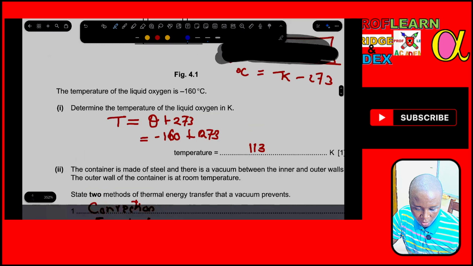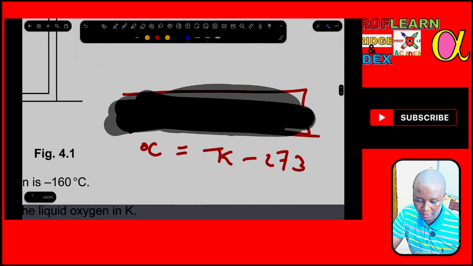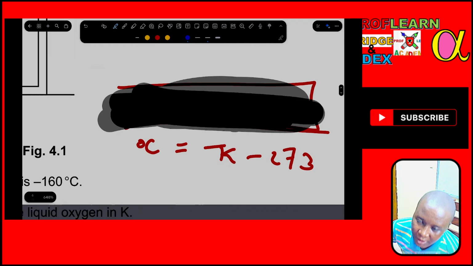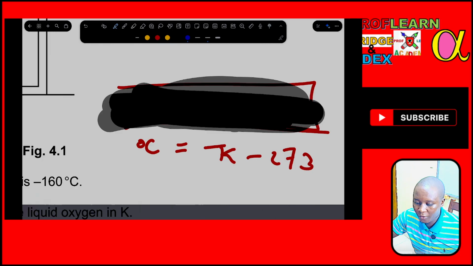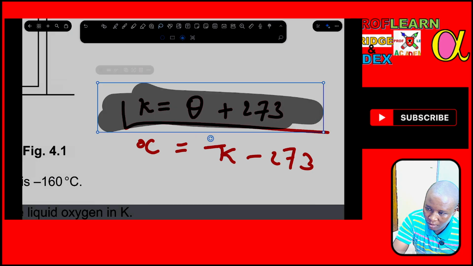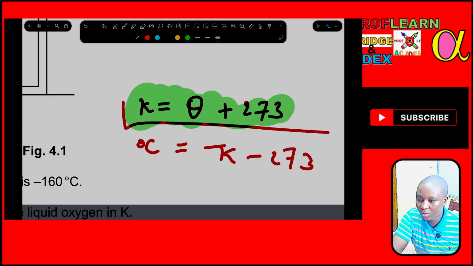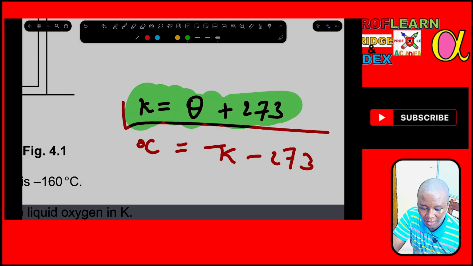Another area that you also need to understand is the concept of converting temperature from degrees Celsius to Kelvin, and also from Kelvin to degrees Celsius. So if you are given temperature in degrees Celsius and you need to convert it to Kelvin, you will take that temperature in degrees Celsius plus 273.